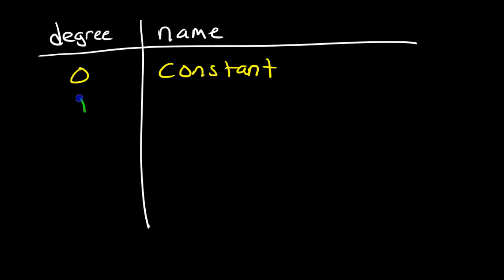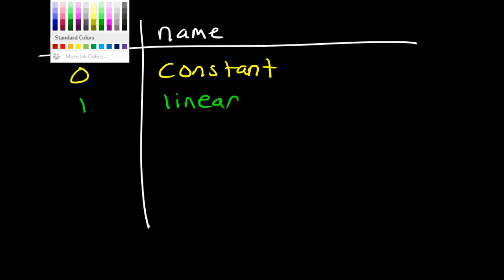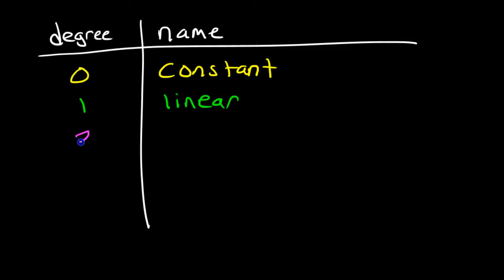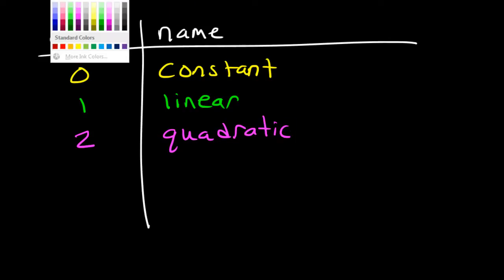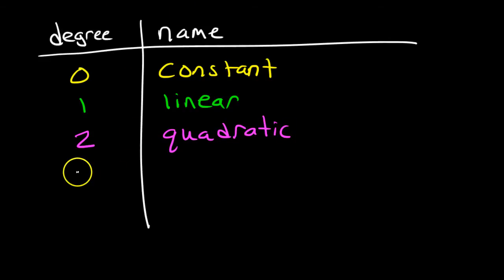Alright, if the degree is 1, that is linear. If the degree is 2, that is called quadratic. If the degree is 3, that's called cubic.